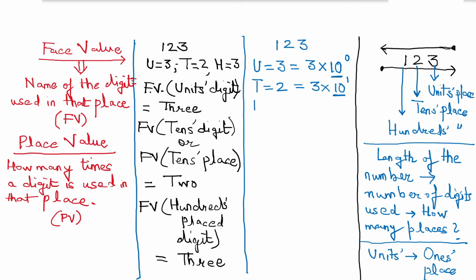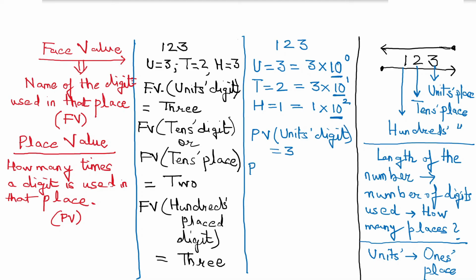Similarly, when I am talking about the hundreds placed digit, how many times have I used it in the hundreds place? I have used it 10 to the power 2 times, which is 100 times. So, place value of the units placed digit is how much? 3.